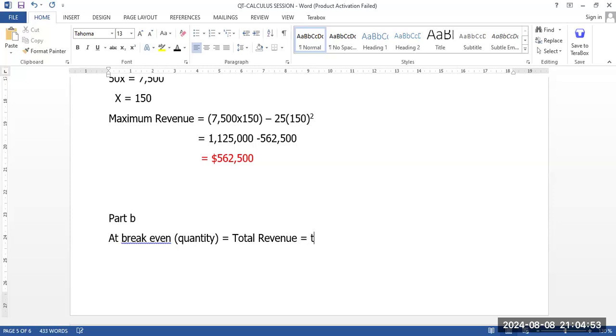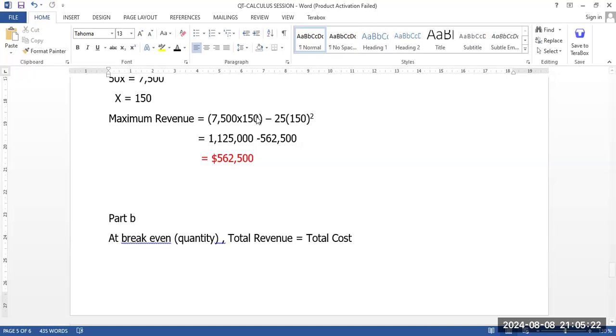At break even, total revenue is equal to total cost. So since we are looking at this in terms of quantity, we expect our functions for total revenue and total cost to be in terms of quantity.